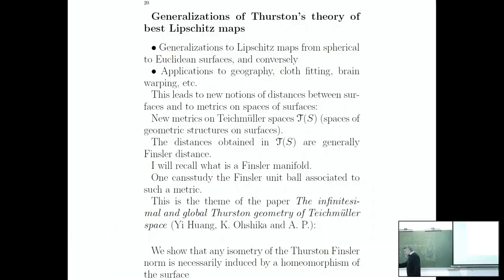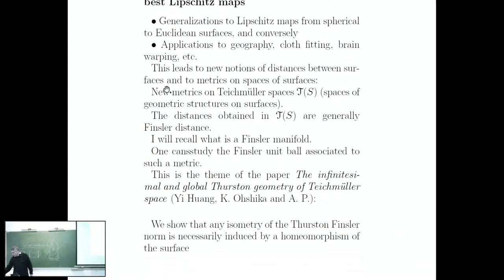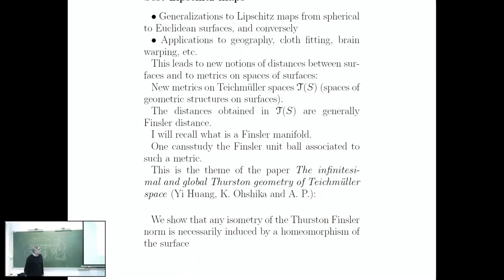which I didn't mention here. I said here applications to geography, to cloth fitting, and brain warping, which is a little more complicated. People study brain warping. When you have a picture in front of your eye, how does your brain recognize it?